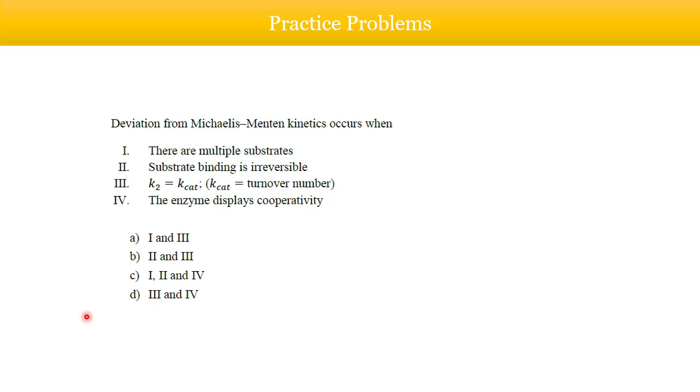You will see deviation from Michaelis-Menten kinetics when there are multiple substrates. It becomes complex, and the model is based on a single substrate binding to the enzyme.